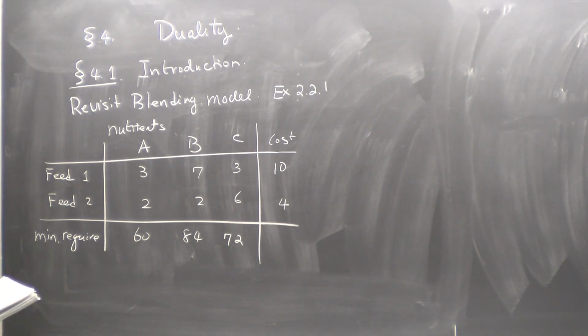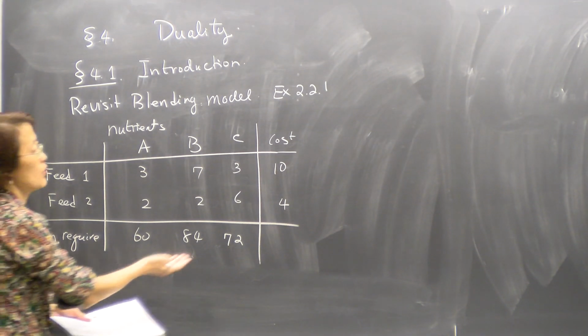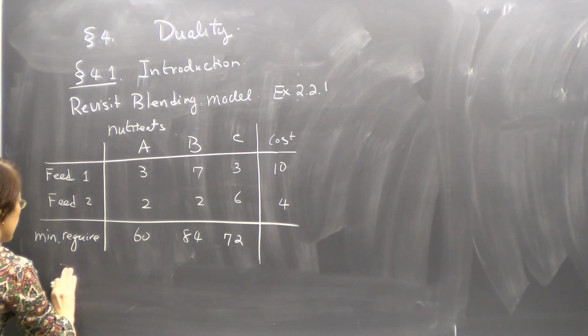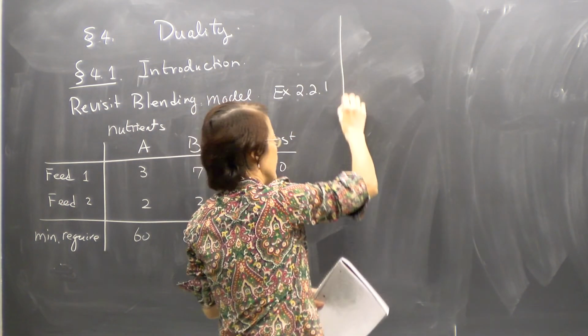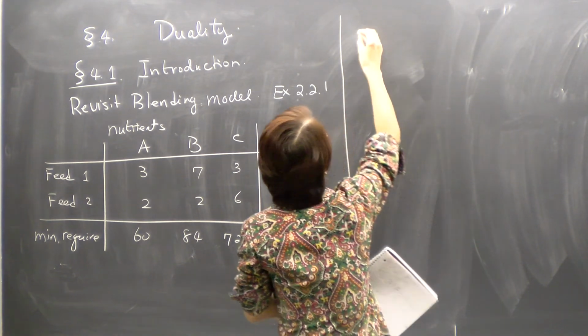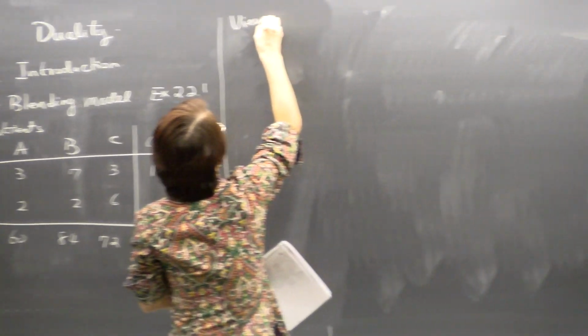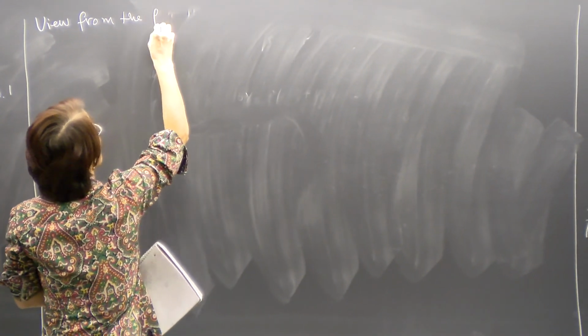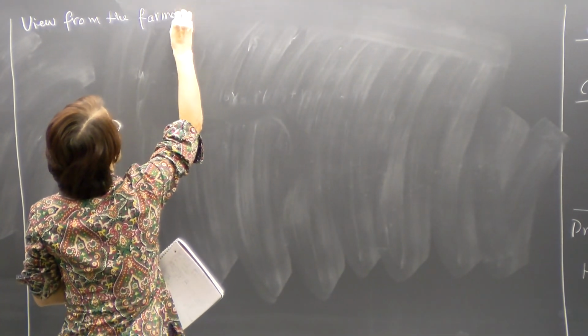And so the question for the farmer would be, how many of feed 1 and feed 2 should you buy to meet the standard and to minimize your cost? Remember that problem? So this is the problem viewed from the farmer. Okay, that's what we are used to.